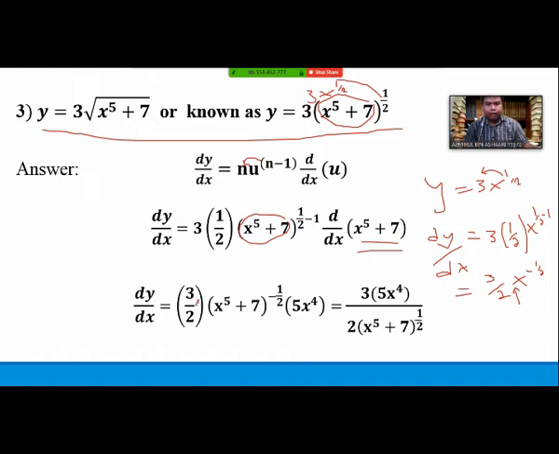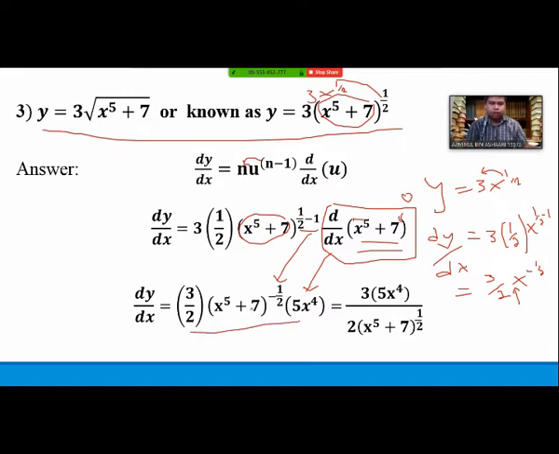And then you will get 3 over 2 x power of 5 plus 7 power of negative half, because half minus 1 becomes negative half. Differentiating inside of u, you will get 5x power of 4, since 5 moves to the front, 5 minus 1 becomes 4, and 7 is constant, so it becomes 0. Okay, this you will get this one.